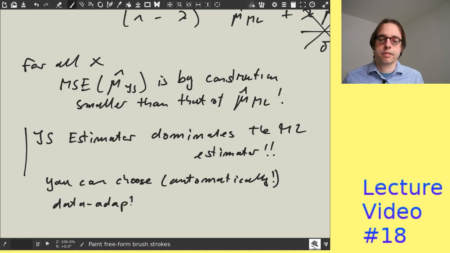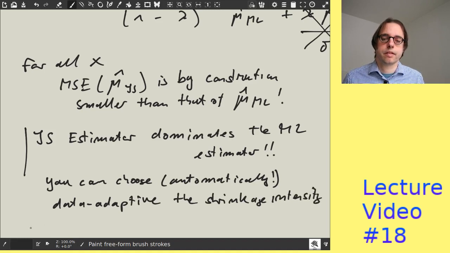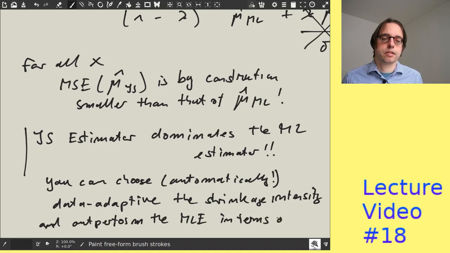Data adaptive, the shrinkage intensity and outperform the MLE in terms of mean squared error.